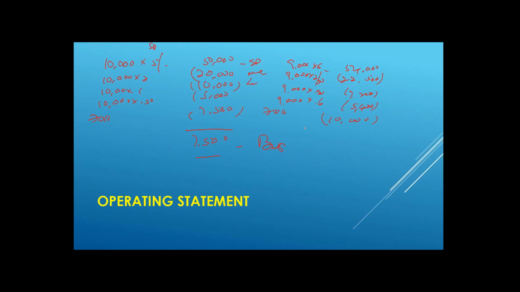So 54,000 is your actual sales, 22,500 is your material cost, 7,200 is your labor cost, 5,400 is your variable overhead cost, 10,000 is your fixed production overhead. So now we can find out the actual profit. So actual profit is going to be how much? It is going to be 54,000 minus 22,500 minus 7,200 minus 5,400 minus 10,000.